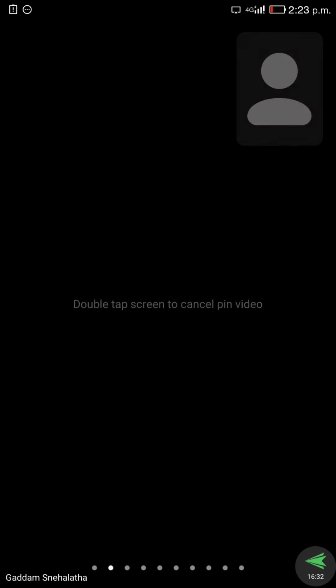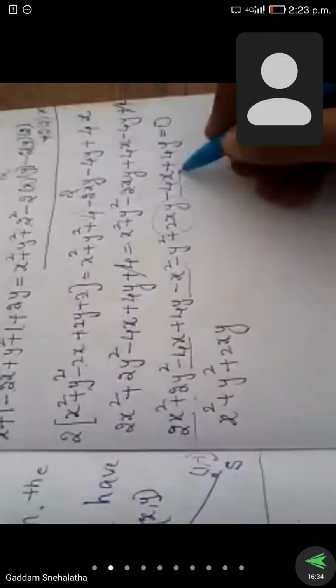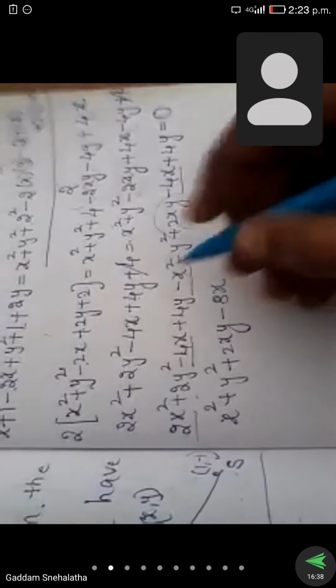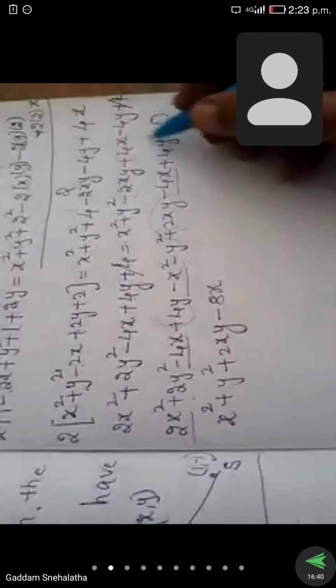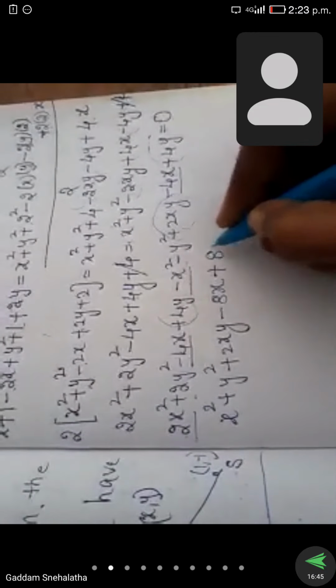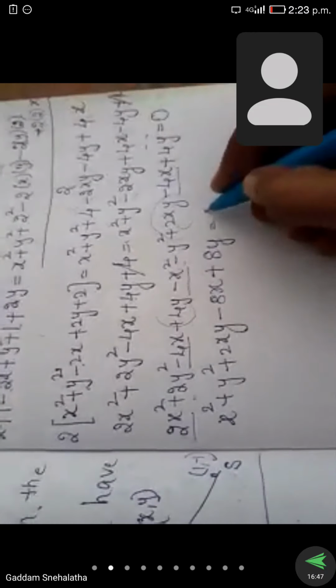Next the x term: minus 4x minus 4x, so it is minus 8x. Plus 4y plus 4y, so plus 8y is equal to 0. This is the required equation of the parabola.